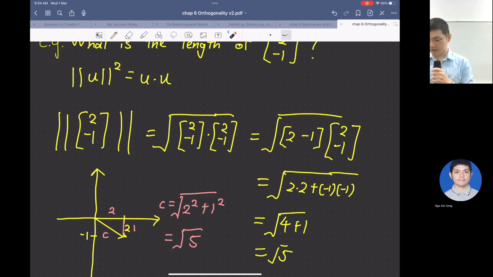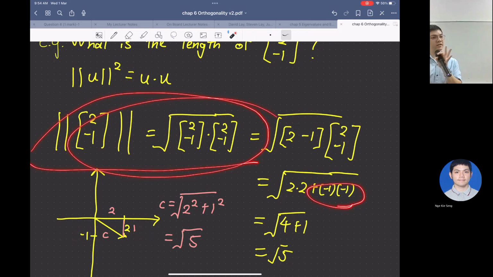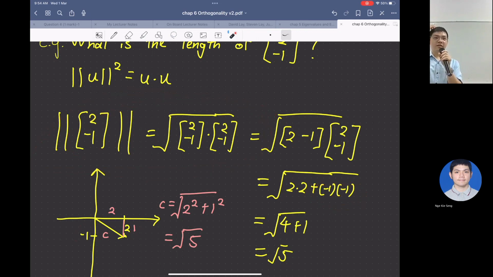What can you see here? We make this minus 1 into 1 because we just care about how far. But you can see how this inner product gets rid of this troublesome negative number, because every number squared becomes positive. This is how the inner product gets rid of negative numbers, and then it really computes the length.